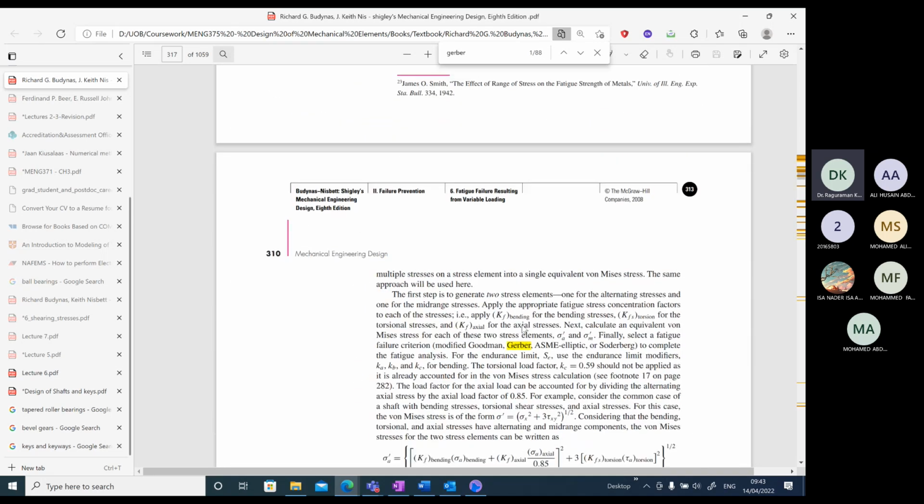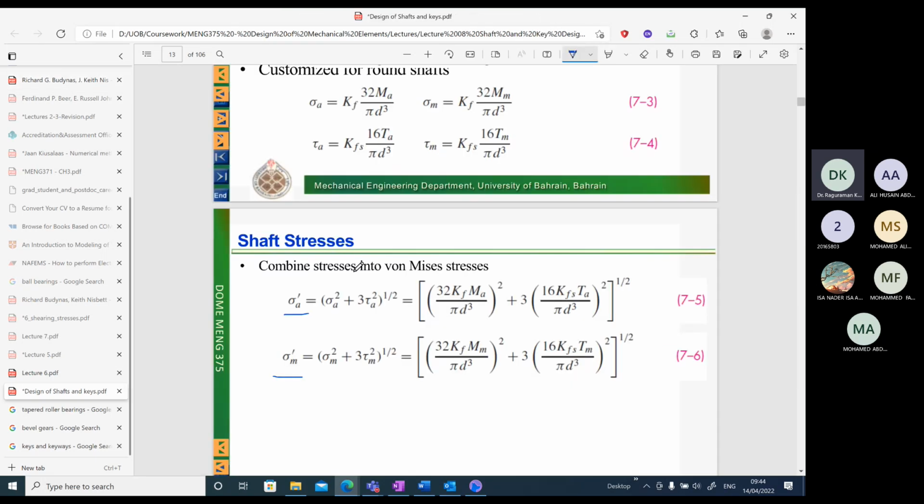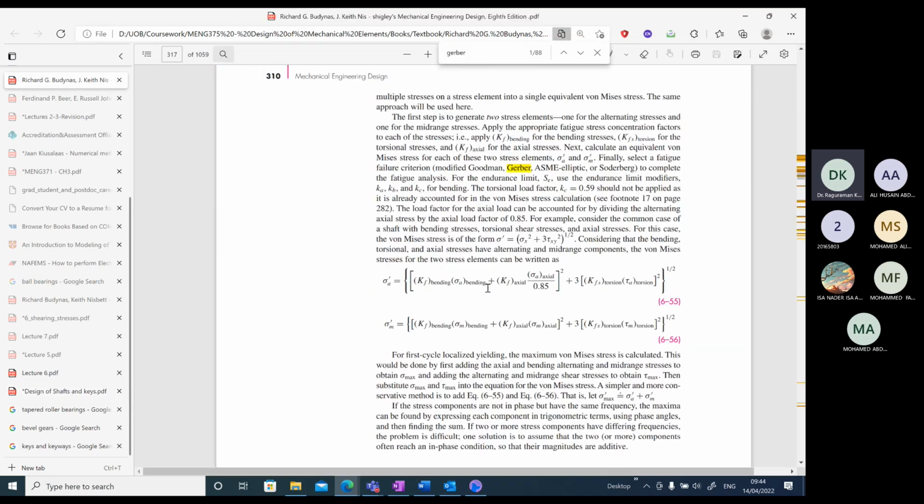Okay, so for the combined load, this is the formula we have seen before. We are using the same kind of stress here: sigma a squared plus 3 times tau a squared. We used only the bending stress.